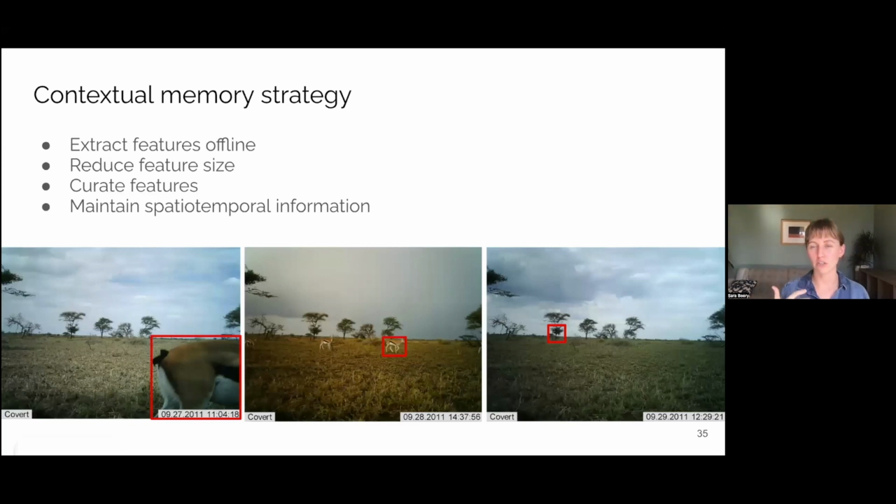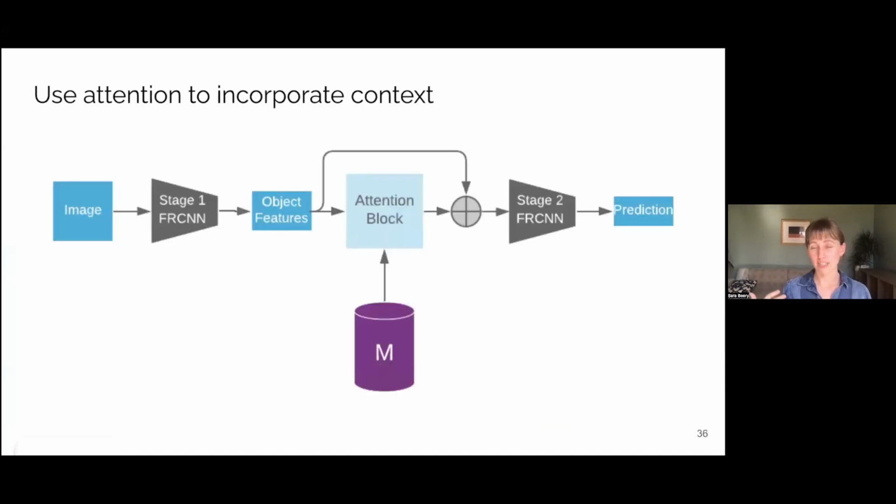And then we took a curational approach. So we didn't take every object from every image. Instead, we just took the highest confidence objects from each image. And then we used an attention-based approach to incorporate that context between the first and second stage of a two-stage object detection model. So the way these models work is you have an input image. In the first stage, you predict potential objects, sometimes up to 300 possible objects in a given image.